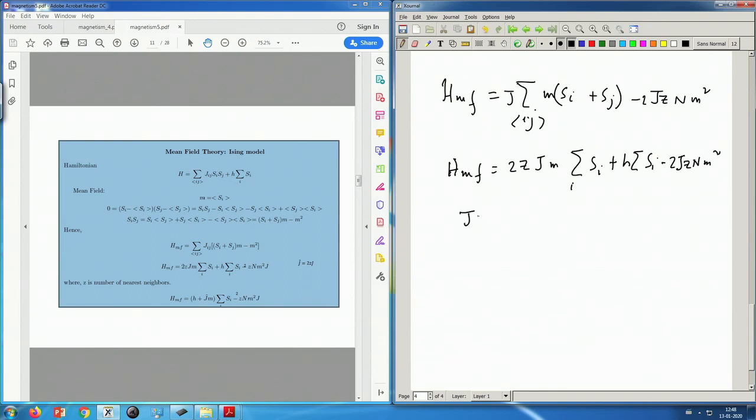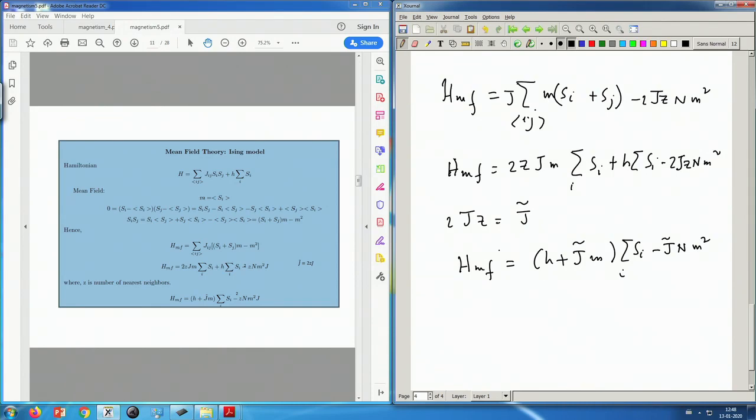Now, write J z equal to, just define it, so that you absorb all these constants into a redefined J tilde. That means H_mf equals (H plus J tilde m) times S_i, minus J tilde N m squared.